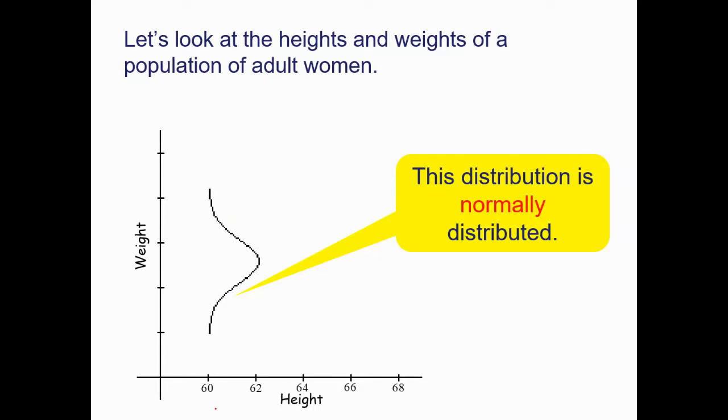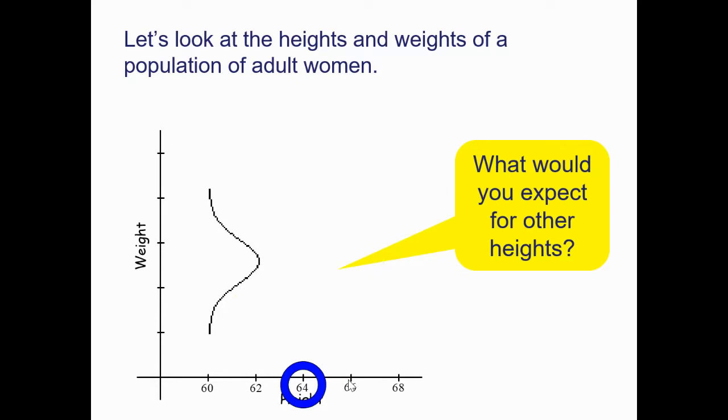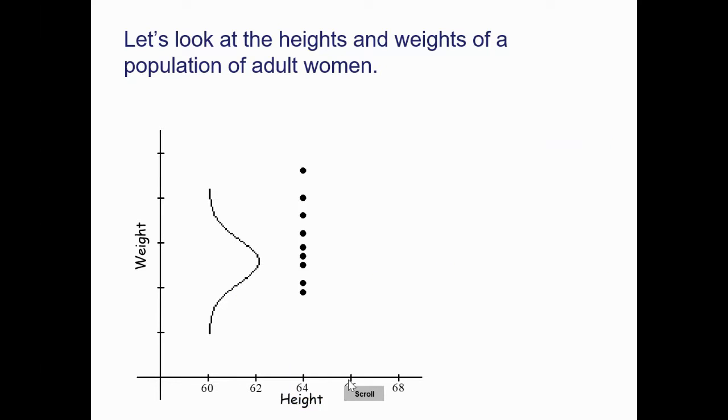At 60 inches, the weights have a normal distribution. Then you move to 62 inches, that has a normal distribution. 64 inches, normal distribution. So we would keep going in that manner.